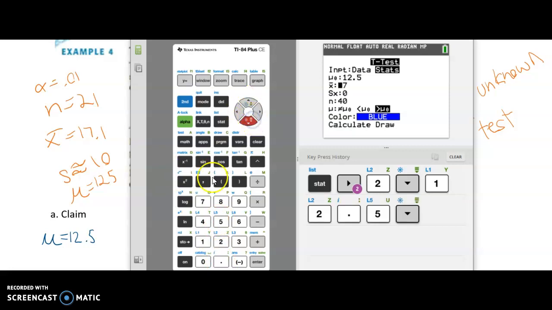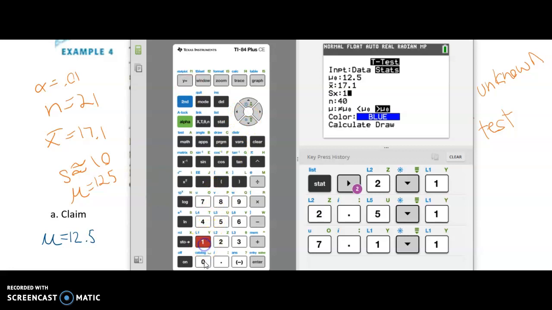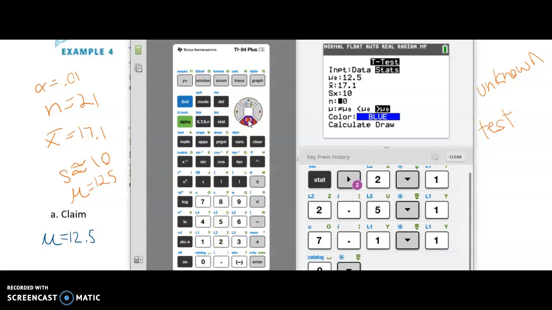Our x bar is 17.1. Our sample standard deviation is 10 approximately. And there were 21 sample values. We're going to use a not equal to sign and get a two-tailed test for this one. And you can go ahead and press Draw.